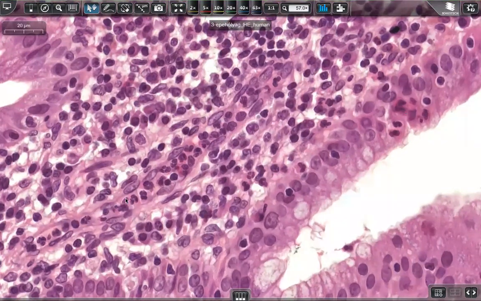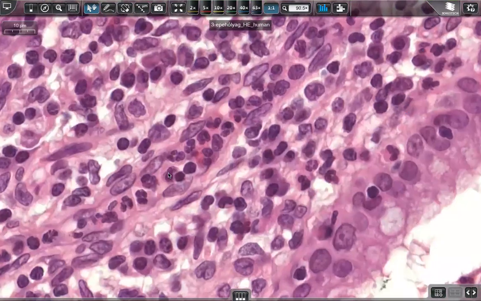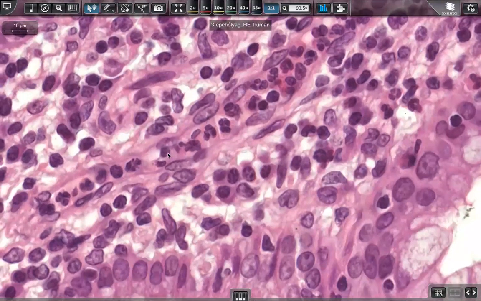In the middle, we can see the red blood cells and white blood cells. Numerous white blood cells are here, and these are the nuclei of the endothelial cells. So the lining epithelium is full of neutrophils, mainly because they are segmented. There is an eosinophil, there is another eosinophil. Because of the segmented nuclei, these are mainly neutrophils.